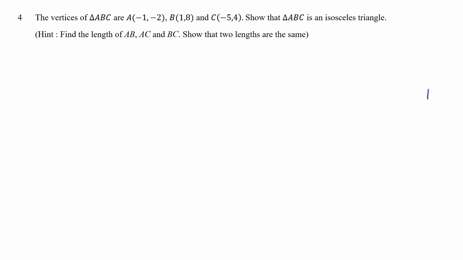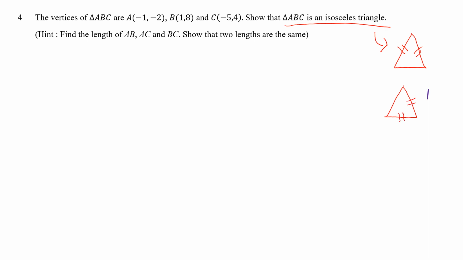All right, so let's look at these questions. You're given a triangle with 3 points, 3 vertices, and you are asked to show that triangle ABC is an isosceles triangle. Before we do this question, let's recap what an isosceles triangle is. An isosceles triangle is one where two of the sides have the same length.